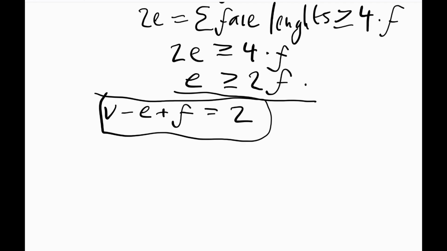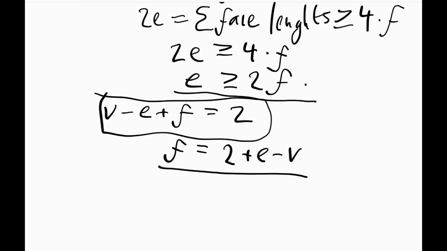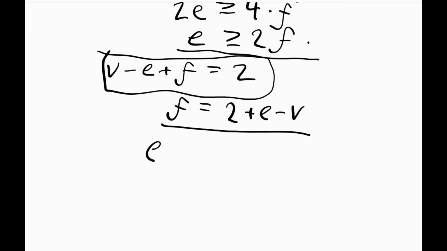We can take out what f means: f is 2 plus e minus v. And this f I can put into e is higher or equal to 2f. So e is higher or equal to 2 times 2 plus e minus v.